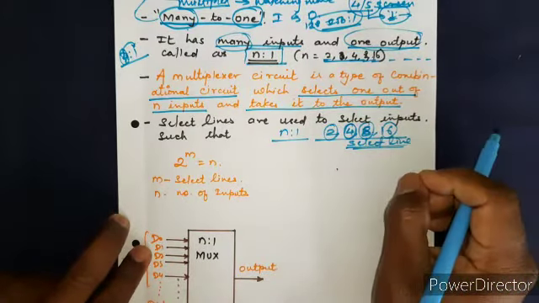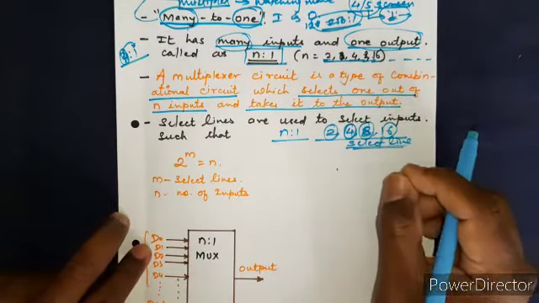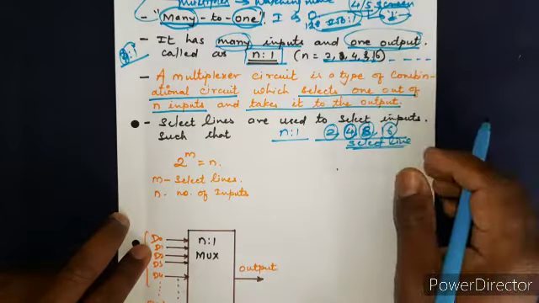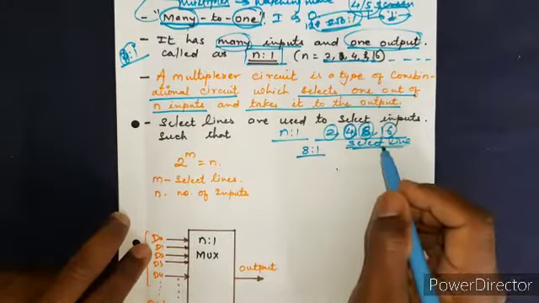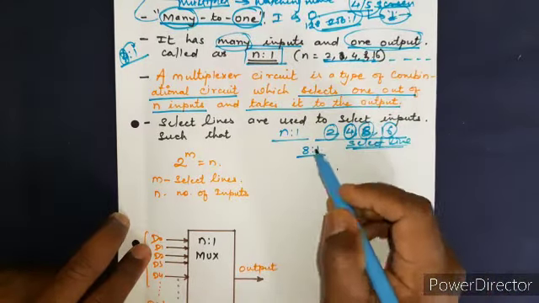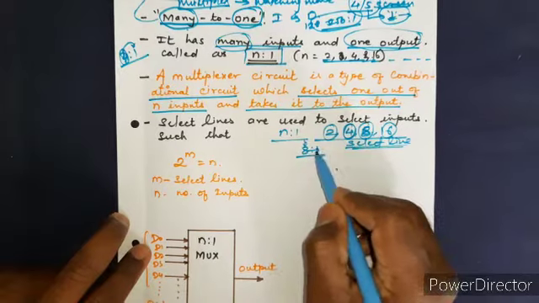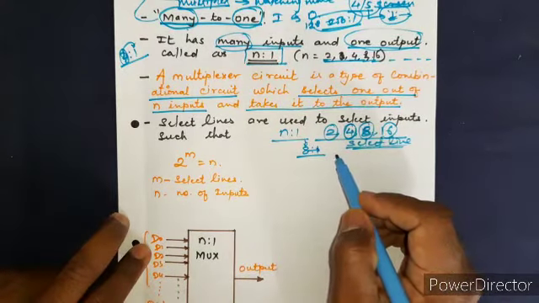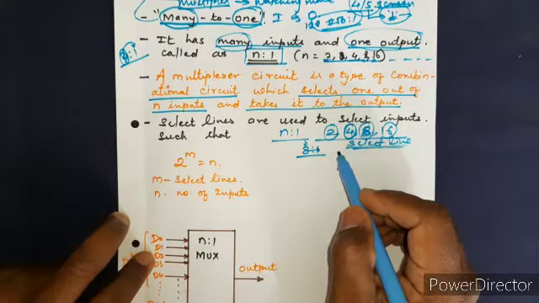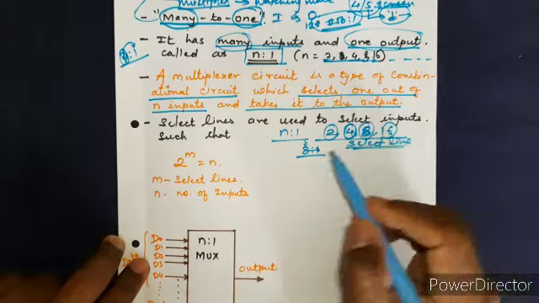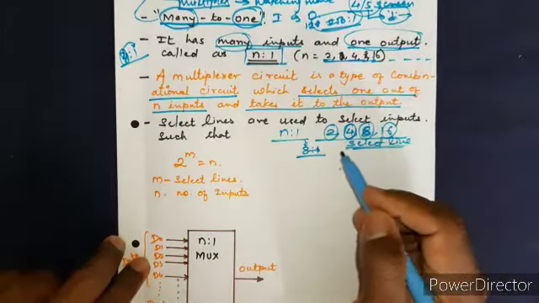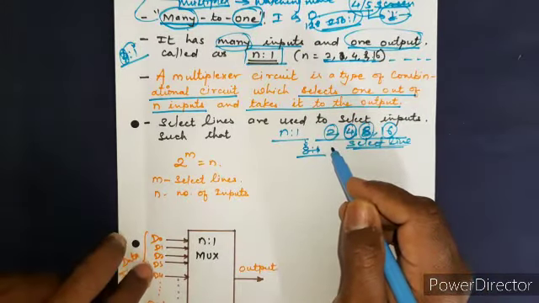Because at one time only one input will go to the output. If I have an 8:1 multiplexer, then at one time only one of these 8 inputs will go to the output, and none of the others will go. Okay, and then for the next instant of time some other input would be routed to the output.